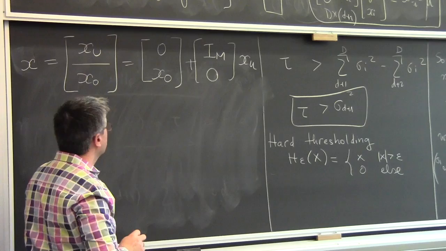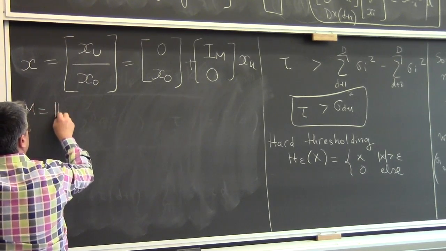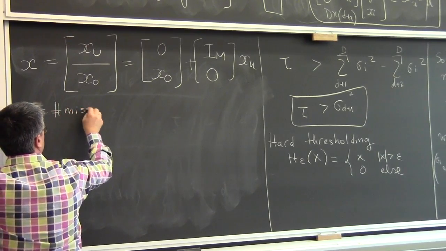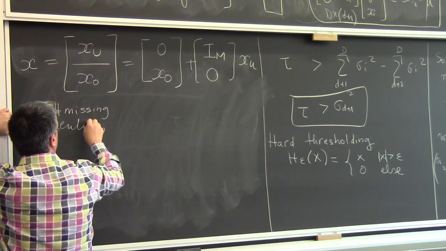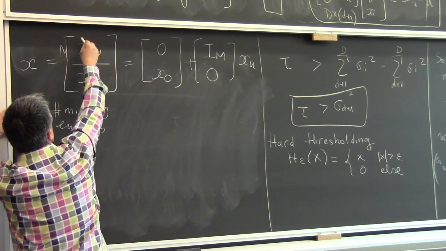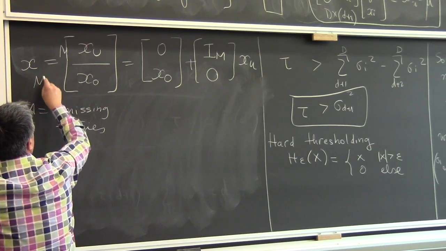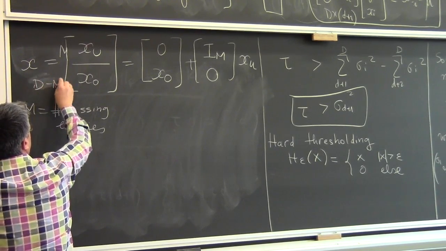All right. So m here is the number of missing entries. Effectively, this vector is of dimension m, and the number of observed entries is d minus m. Okay.